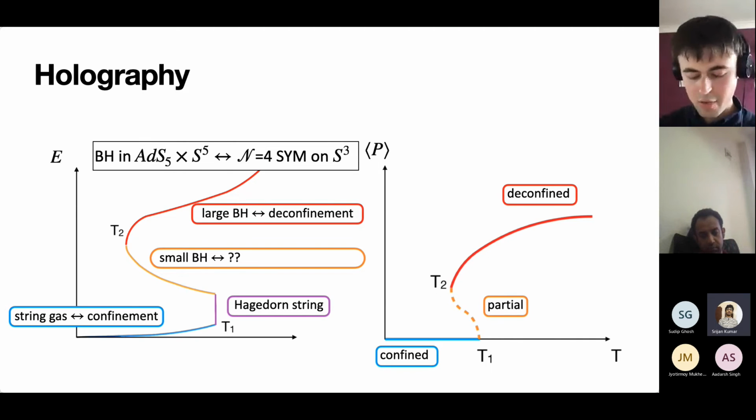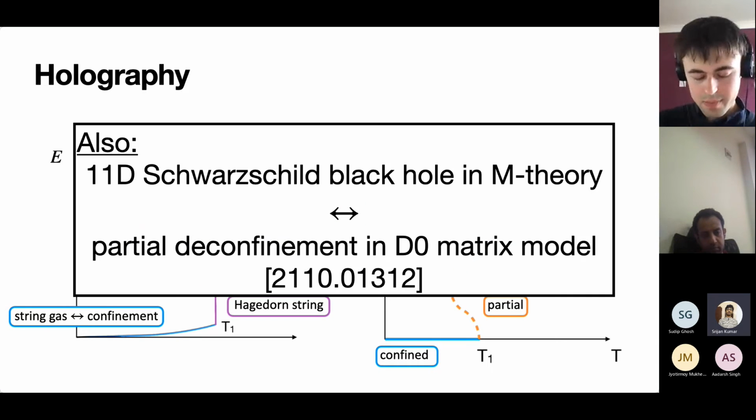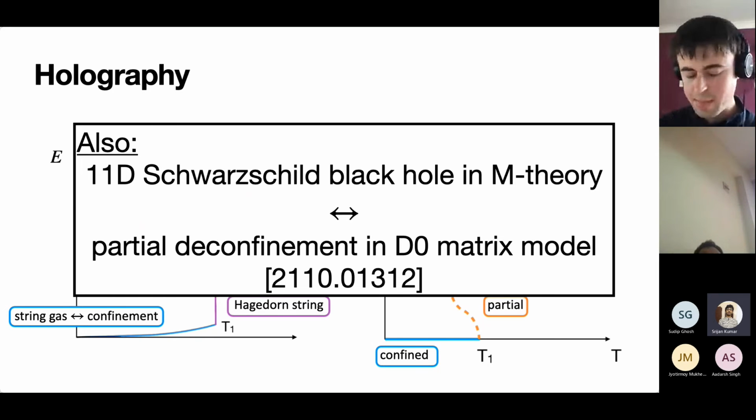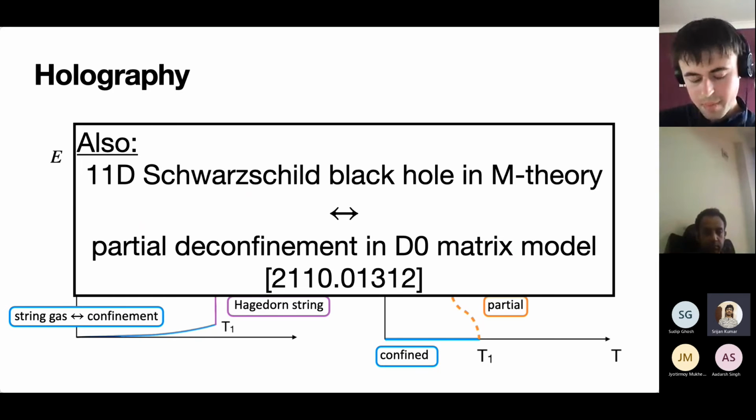But if we compare against this diagram, then we would naturally conjecture that perhaps the small black hole corresponds to the partial confinement. And there's a similar conjecture in M theory, where the 11-dimensional Schwarzschild black hole would be dual to partial confinement in the D0 matrix model.